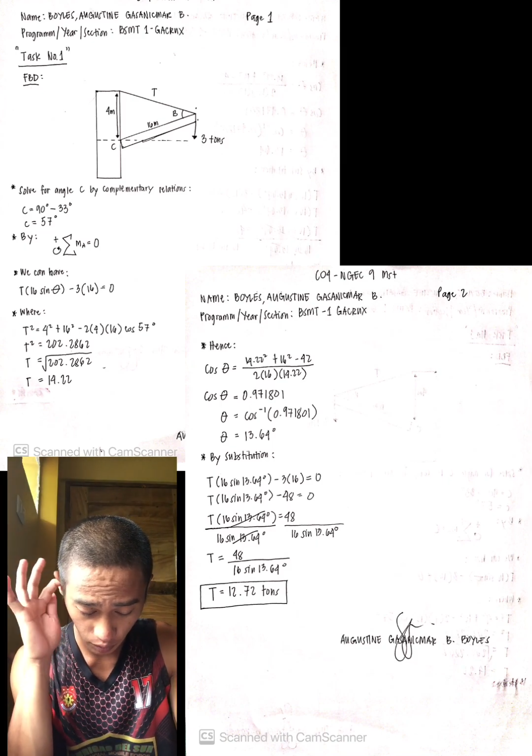We transpose the 48, so T times 16 sin 13.64 degrees equals 48. So T equals 48 over 16 sin 13.64 degrees. So T equals 12.72 tons.